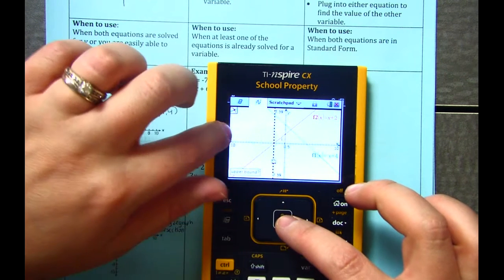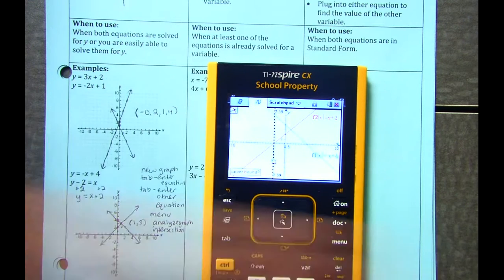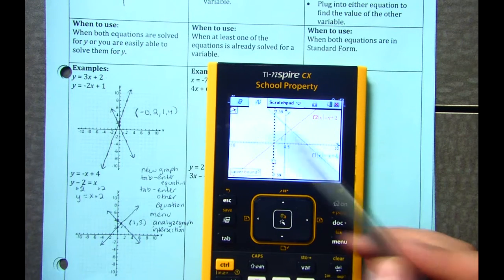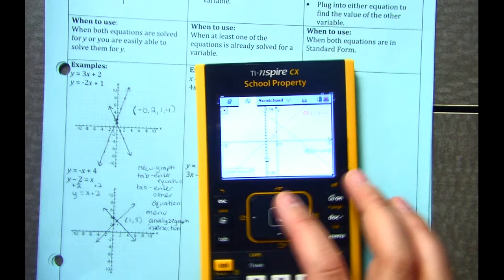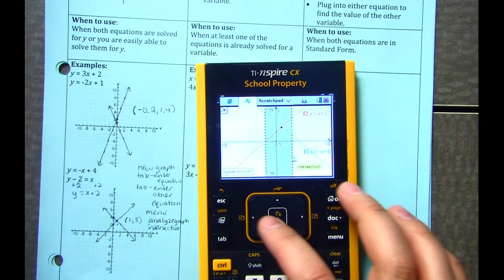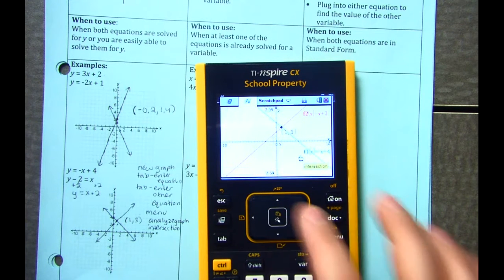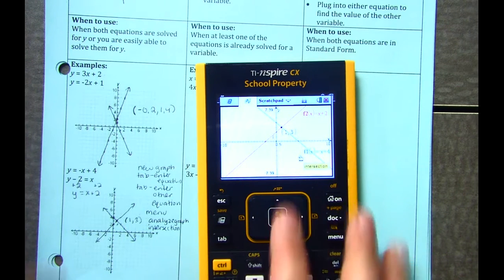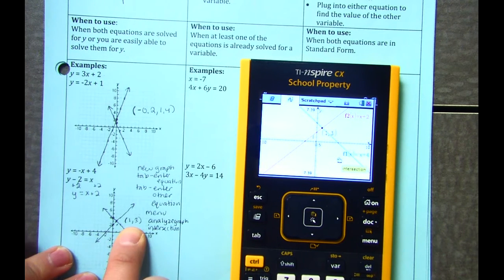Anywhere over here is fine. It doesn't matter as long as it's somewhere to the left of this point. And then I click, and then I scroll it over to the right over the intersection, and I click again, and it tells me that the intersection is at 1, 3, which is what I got here.